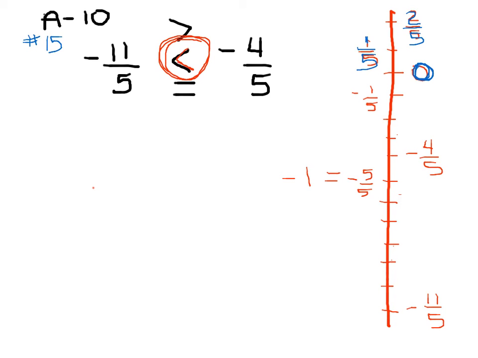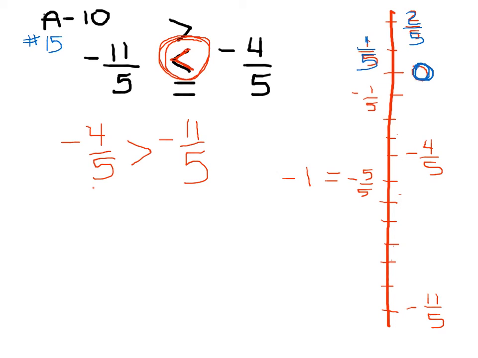So this is open to the bigger number. So I know that negative 11 fifths is less than negative 4 fifths. Or another way to say that is negative 4 fifths is greater than negative 11 fifths.